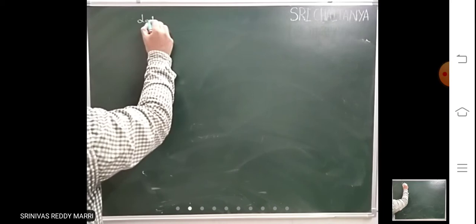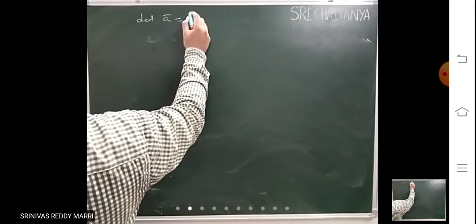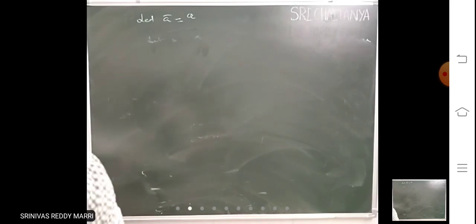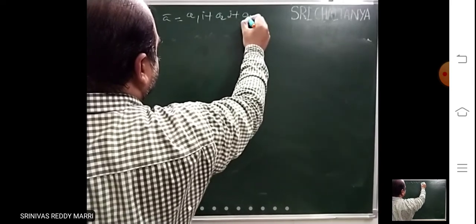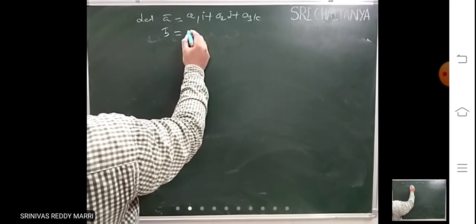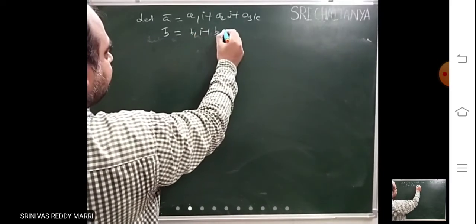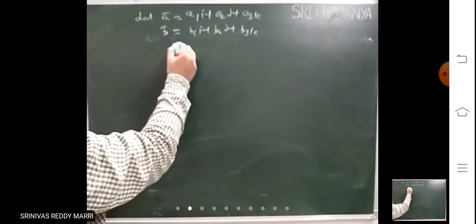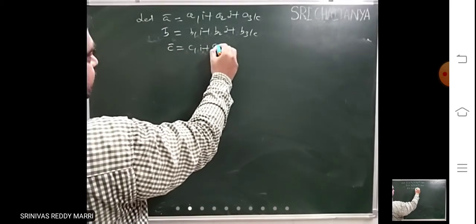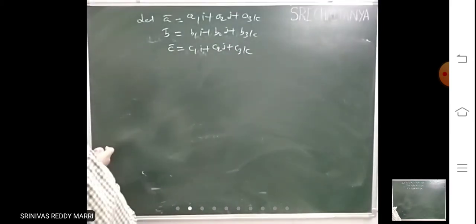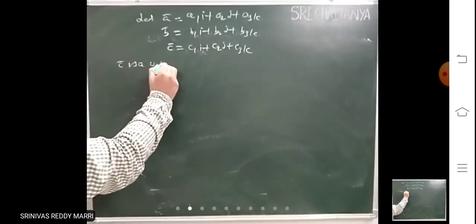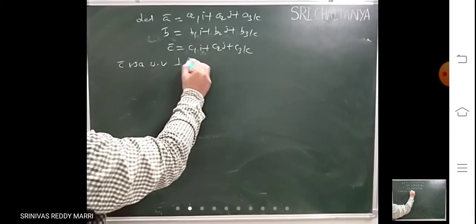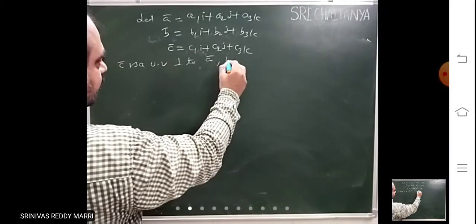Let A bar equals A1 i plus A2 j plus A3 k, B bar equals B1 i plus B2 j plus B3 k, C bar equals C1 i plus C2 j plus C3 k. Given that C bar is a unit vector perpendicular to A bar comma B bar.